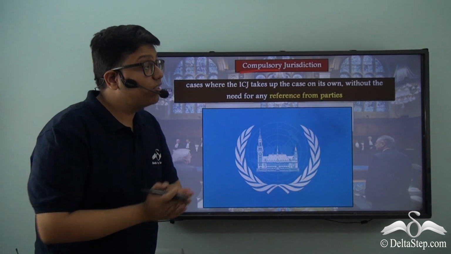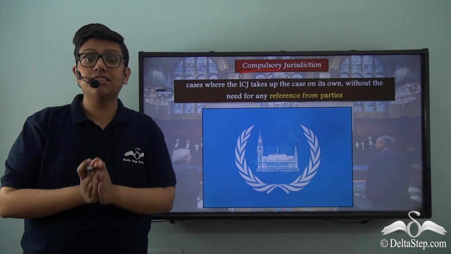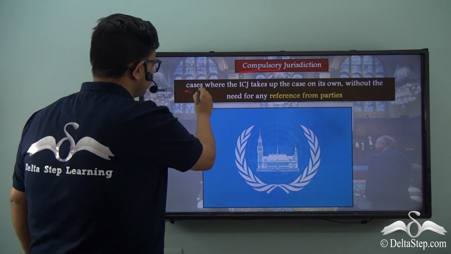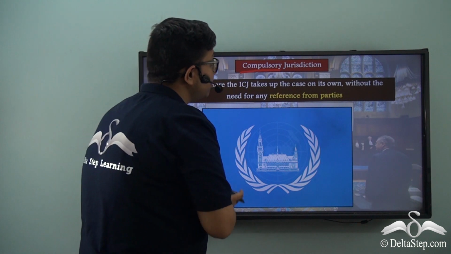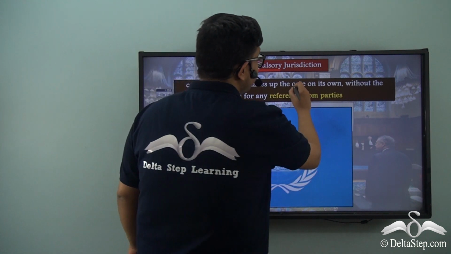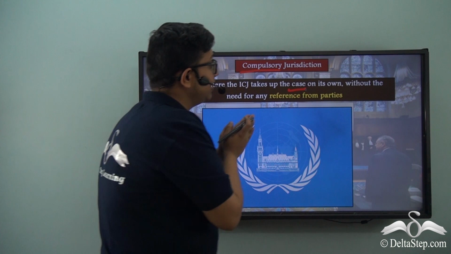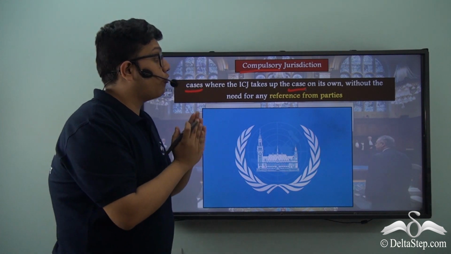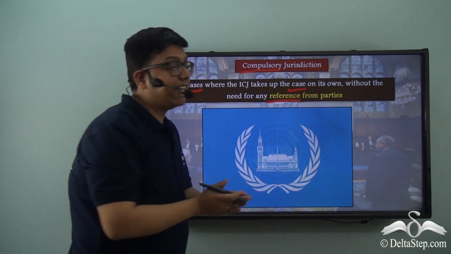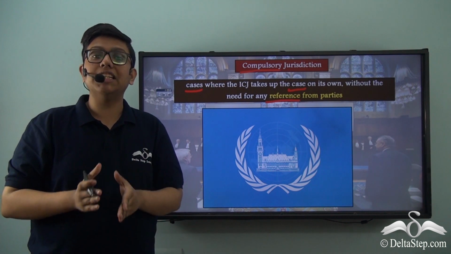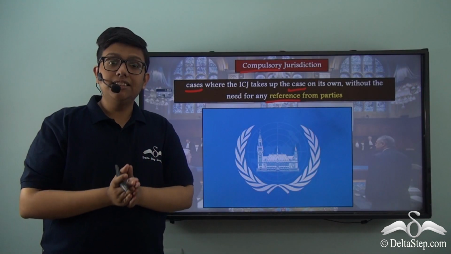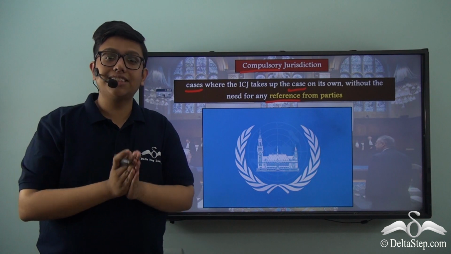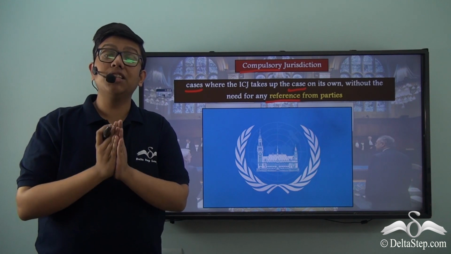The compulsory jurisdiction of the International Court of Justice applies to those cases where the International Court of Justice automatically takes up the case on its own and it does not require any reference made by either of the parties involved in that particular case. This compulsory jurisdiction is also known as the original jurisdiction.